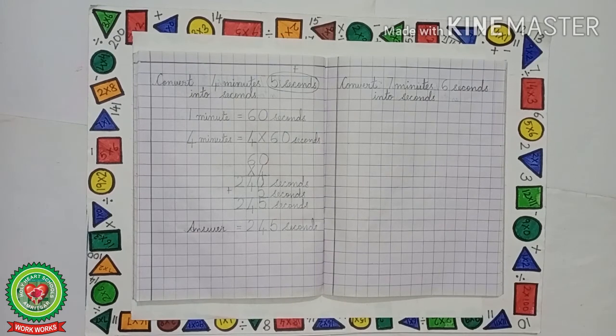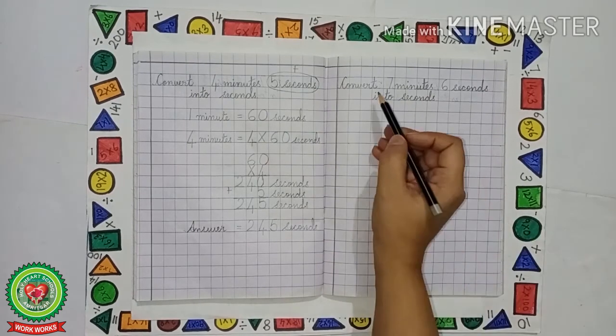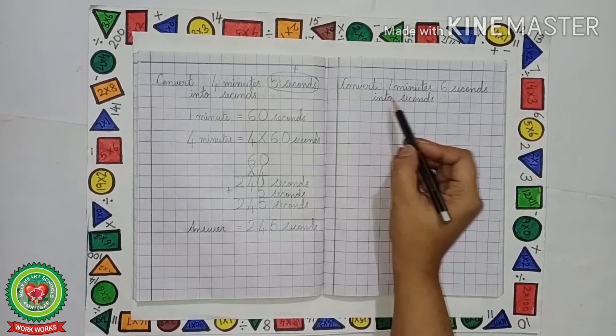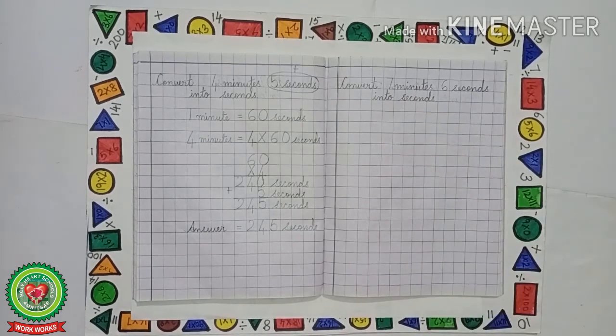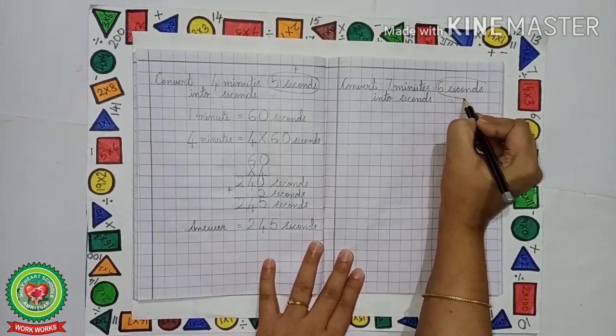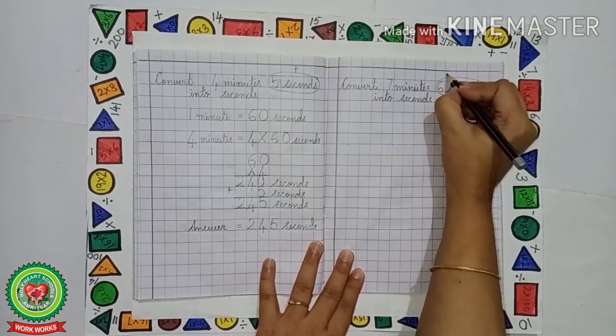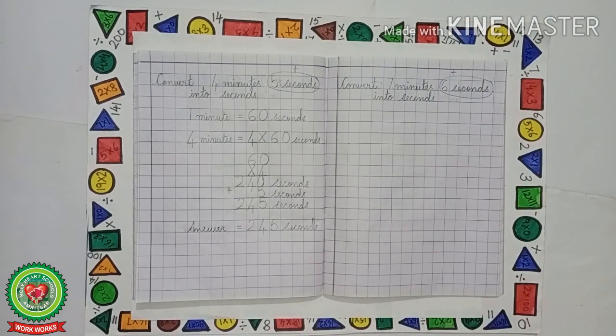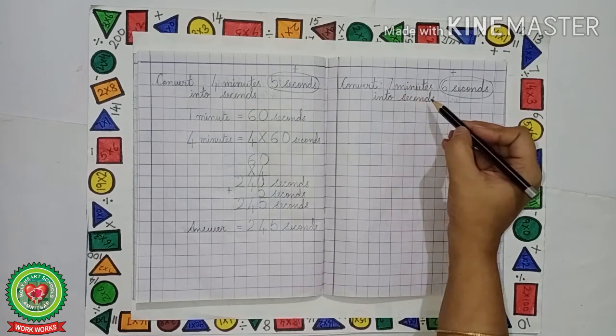Now kids, let us take the next example. Convert 7 minutes 6 seconds into seconds. Kids, again we will circle 6 seconds and write plus sign just above it. Kids, first of all, we will convert 7 minutes into seconds.